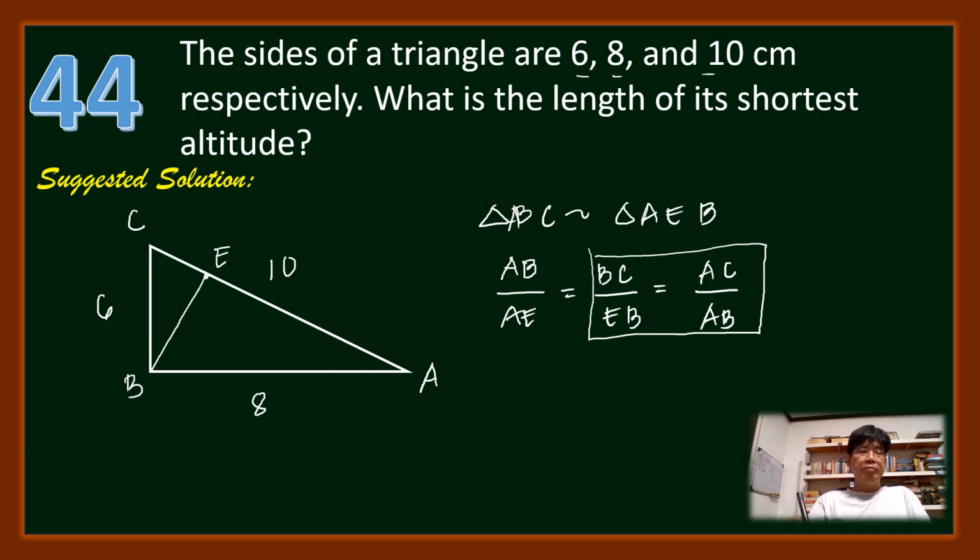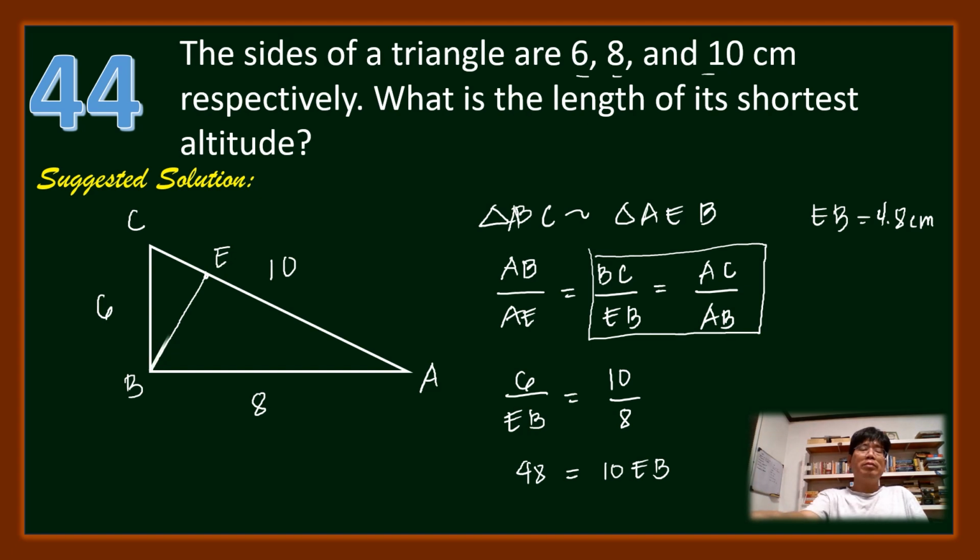We have 6 over EB is equal to 10 over 8. Cross multiplying, we have 8 times 6, 48, and EB times 10, so that is 10 EB. Therefore, EB is equal to 4.8 centimeters. That is the length of the shortest altitude.